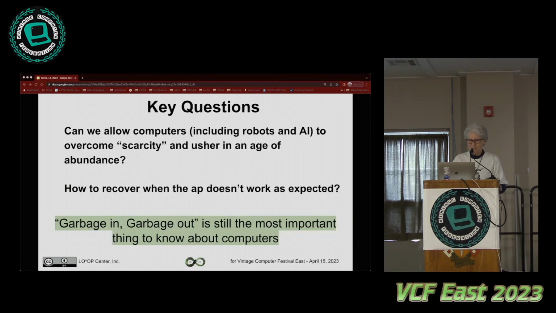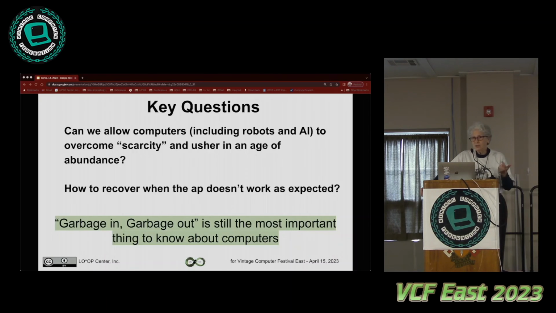So there's another slide here, which I have no notes on, which is key questions. Okay, so can we allow computers to overcome scarcity and usher in an age of abundance? How do we recover when the app doesn't work as expected? And of course, the one with the picture of the cows around the tornado is garbage in, garbage out.